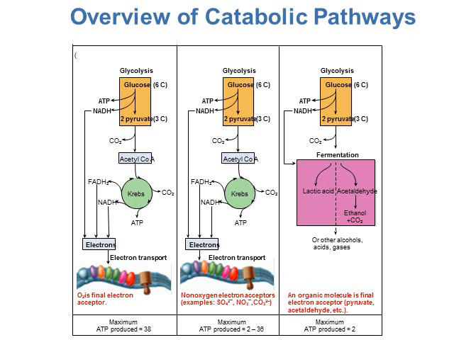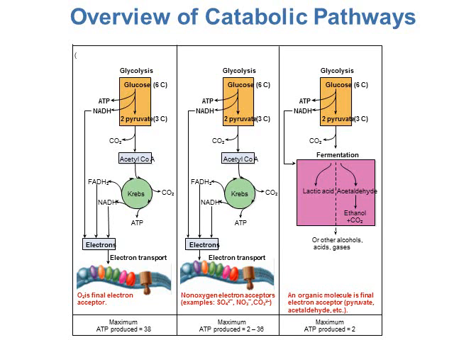Okay, so this is the overview that you have in your homework. So on the left-hand side, this is showing the aerobic respiration with oxygen. So you have glycolysis, which is in the orangish box. You have the Krebs cycle, which is the green cycle in the middle. And then the final part, the electron transport chain at the end.